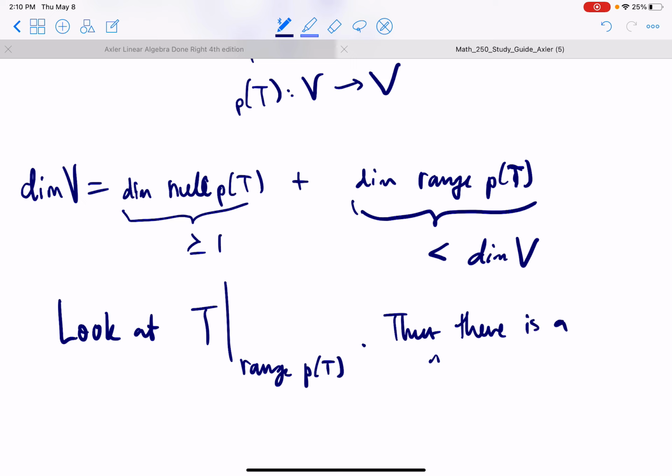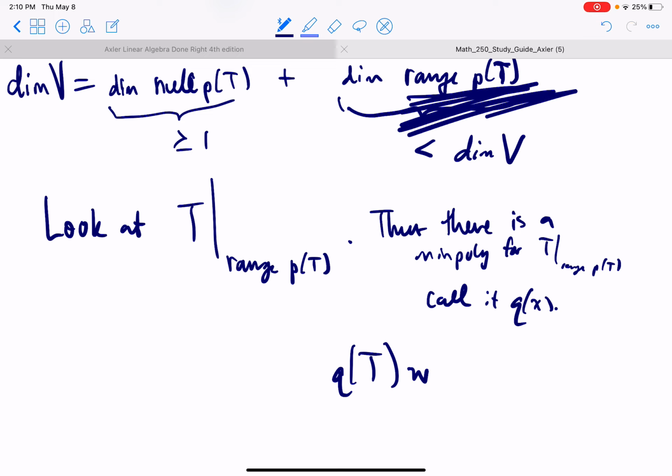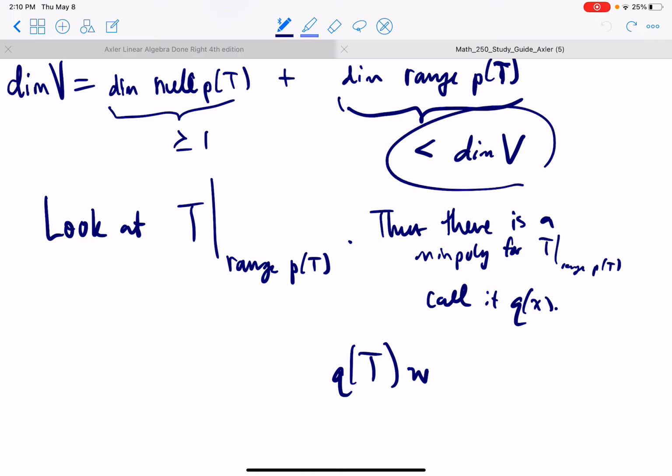There is a min poly for T restricted to the range of p of T. Call it q of x, okay? So what does it mean to be a min poly? It means that if you apply q of T, I'm not going to keep writing the restrictions too much, to any vector in the space, which now is this range that has smaller dimension than our original space, it is 0 for all w in the range.